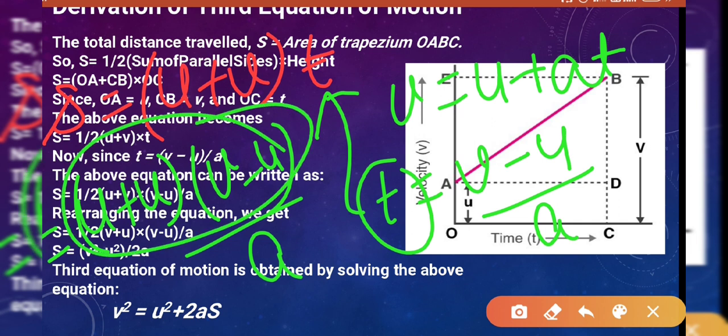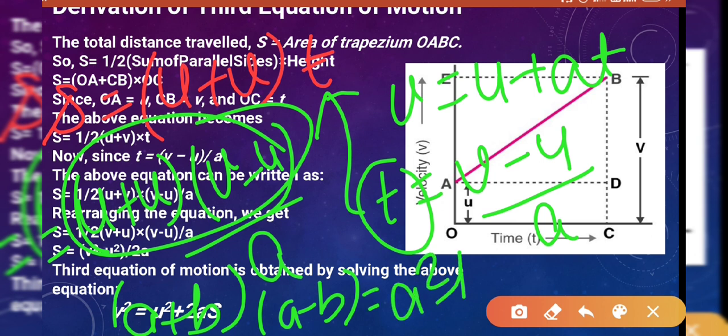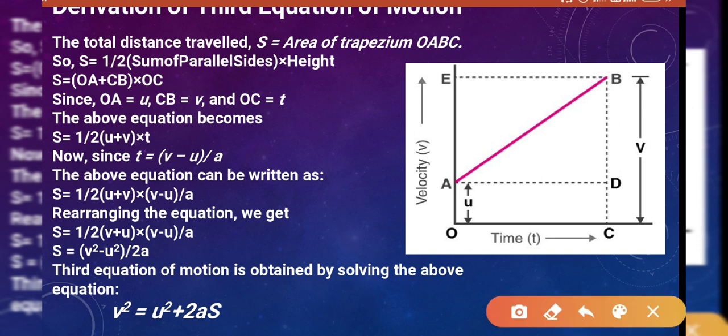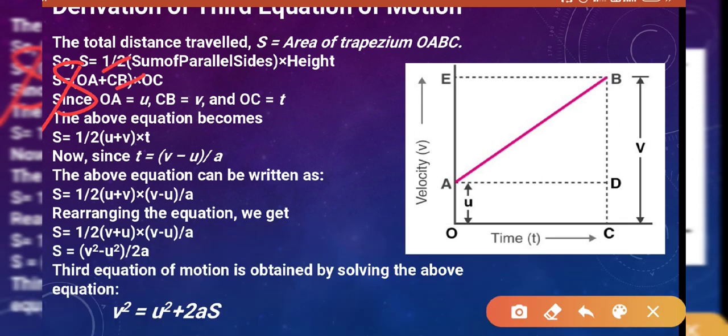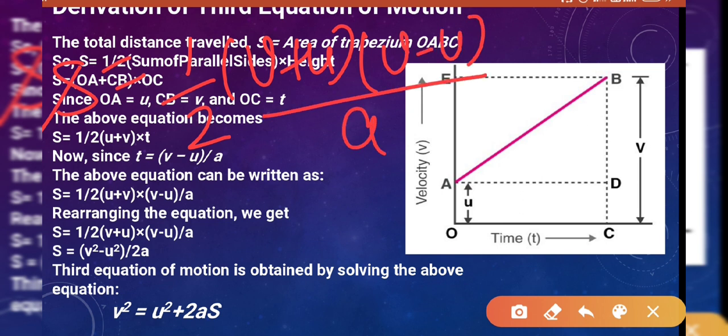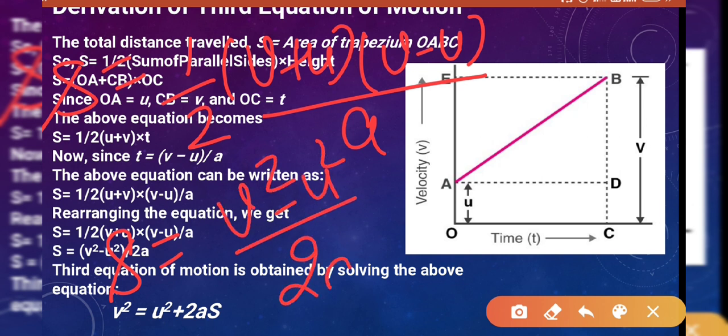This is your formula, A plus B into A minus B is equal to A square minus B square. So we will get here S is equal to half V plus U into V minus U upon A. S is equal to V square minus U square upon 2A.